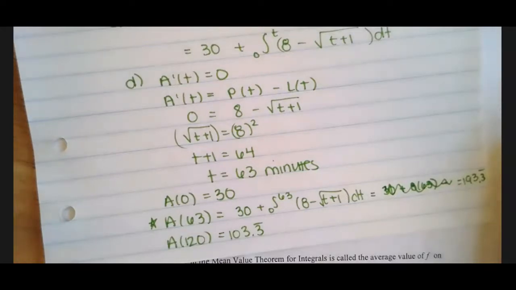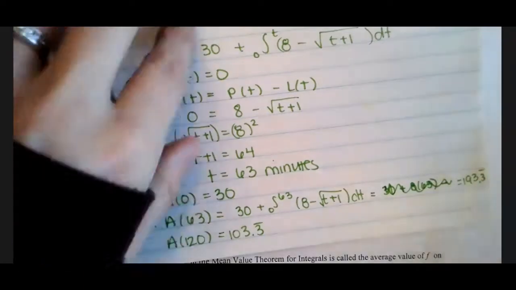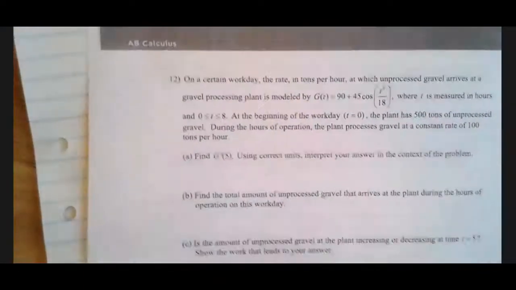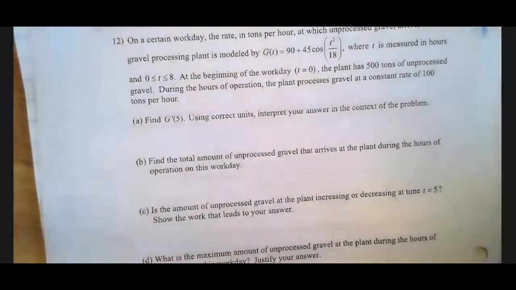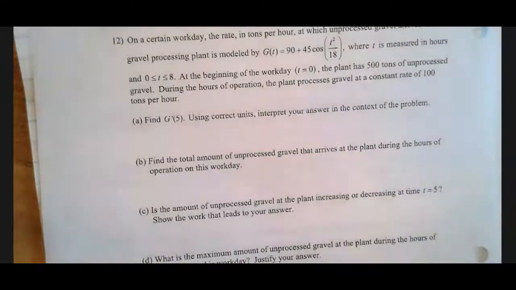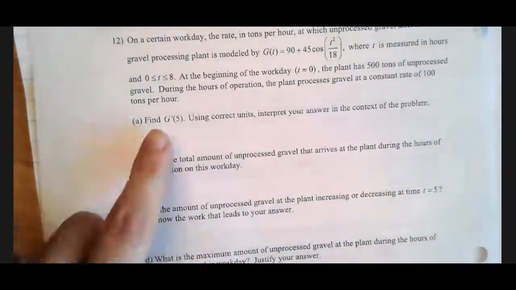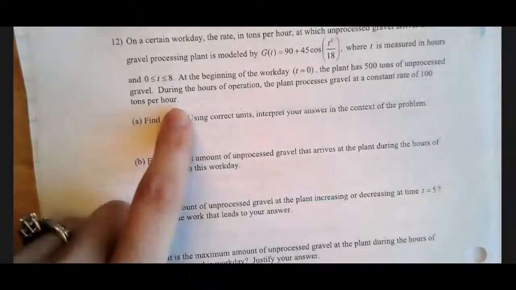So what I want you to do is finish out those remaining problems. You're going to do number 12, and I'll give a couple of hints for number 12. Make sure you understand the derivative of the integral for this part, where it says find g prime of 5.